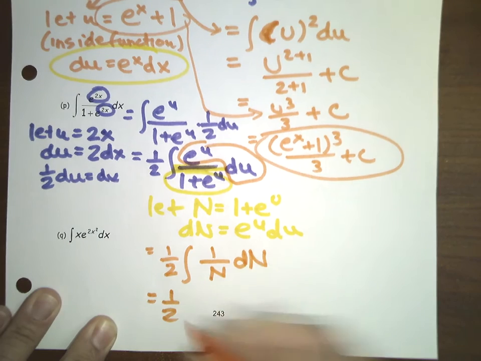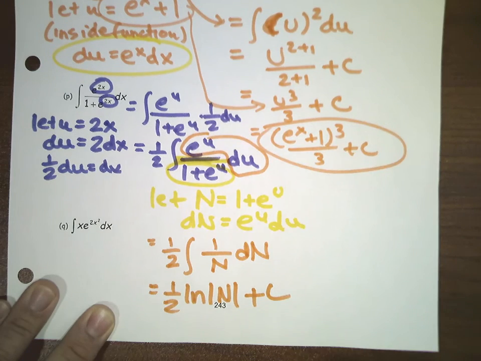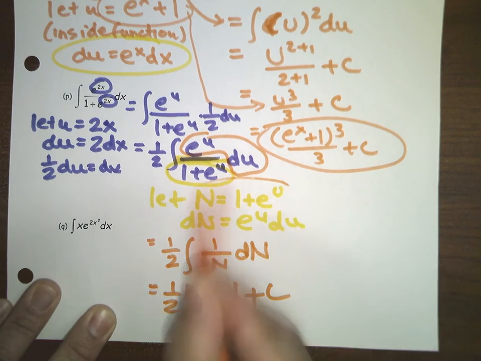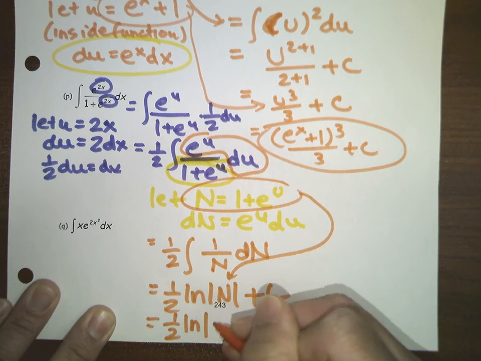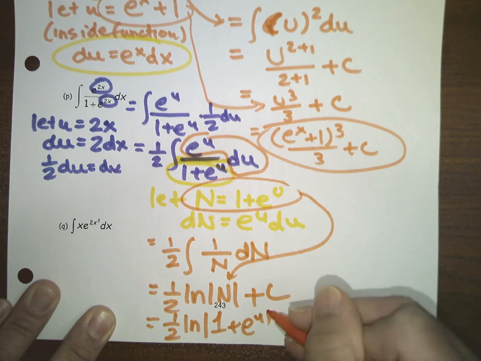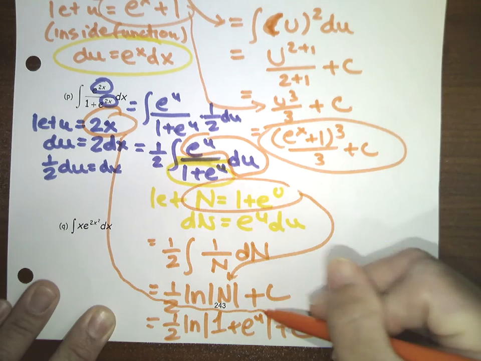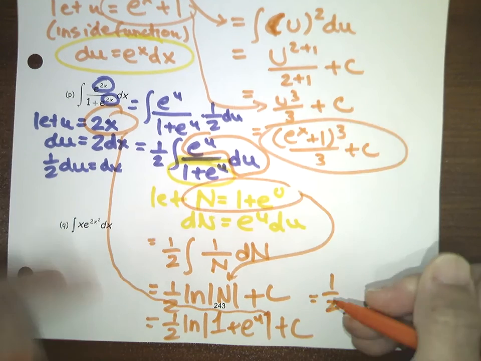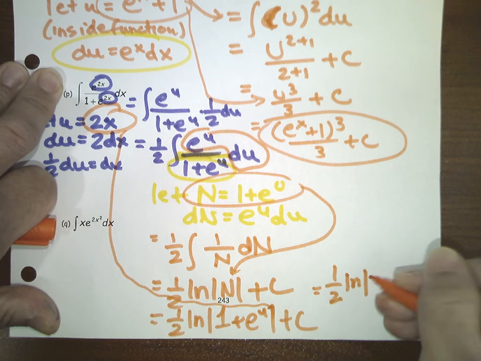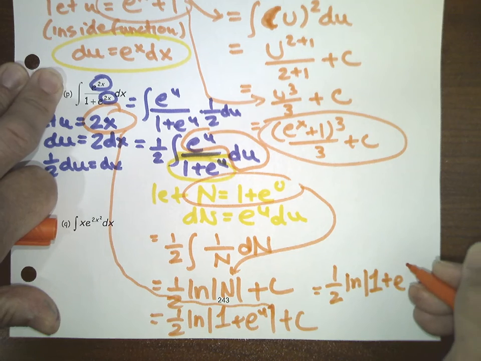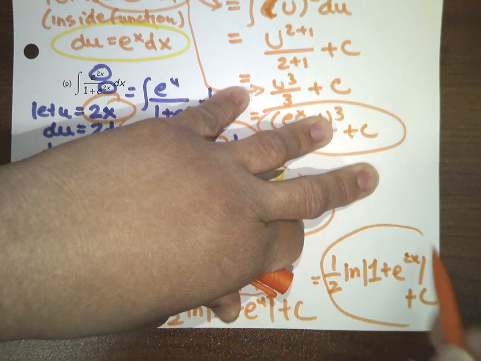So this is 1 half natural log of the absolute value of n plus c, and so then n was 1 plus e to the u, so I have 1 half natural log of 1 plus e to the u plus c, and then u was 2x, so then I have 1 half natural log of the absolute value of 1 plus e to the 2x plus c. So that is my final result.